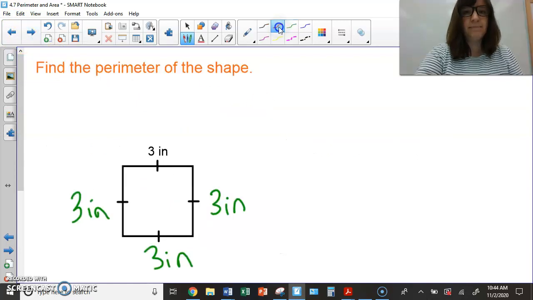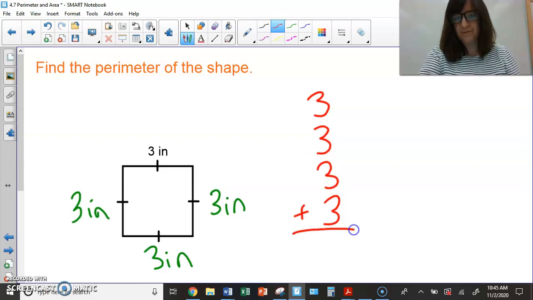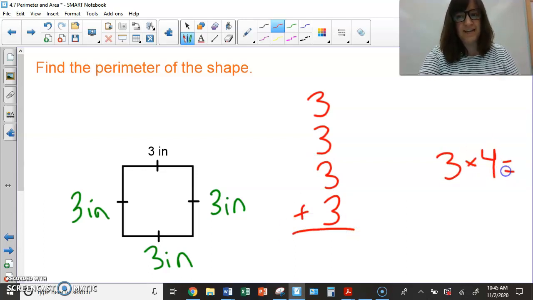Now, because all 4 of these sides are the same, instead of adding 3 4 times, you could also do a multiplication problem to represent that: 3 times 4. This is not to be mistaken that you can always multiply to find the perimeter, because you won't be able to, and you'll see with some of our next shapes why that's true.